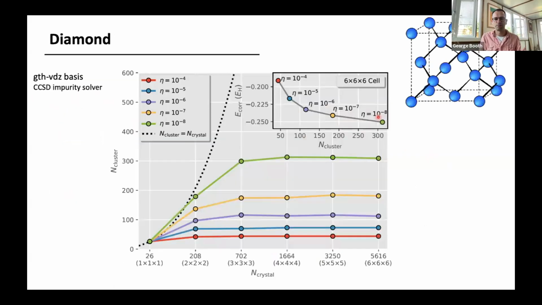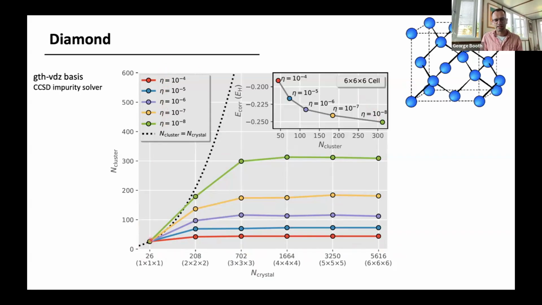Okay. This isn't really going to be a results talk, but I will flash some up just to validate what we're doing here. So this is diamond, fully ab initio. What we're doing is we're fragmenting everything into atoms, and we're looking at the convergence here of the supercell size for different size truncations of these interacting bath spaces.